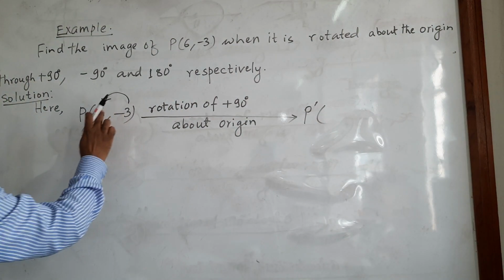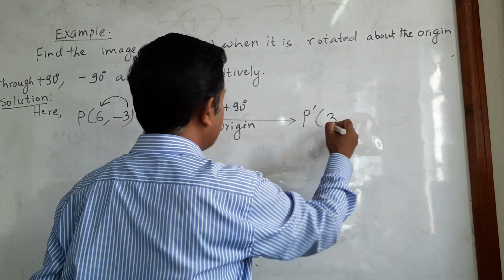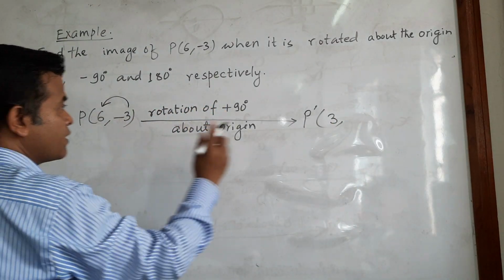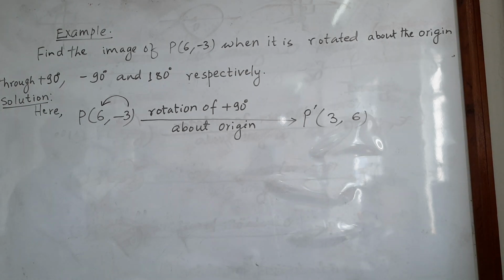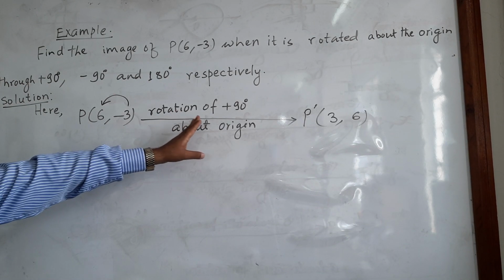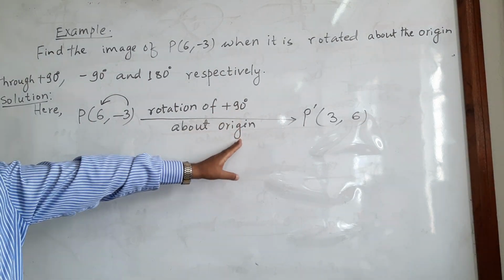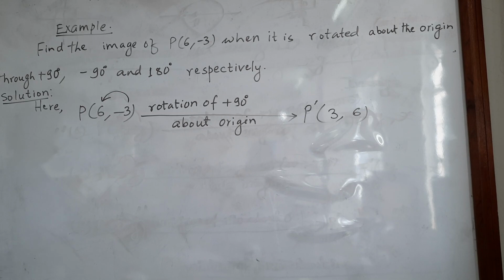So minus 3, when it goes to this place, its sign changes and becomes plus 3, and 6 simply shifts here without changing its sign. So this P dash (3, 6) is the image of point P(6, -3) when it is rotated about the origin through 90 degrees in anti-clockwise direction.